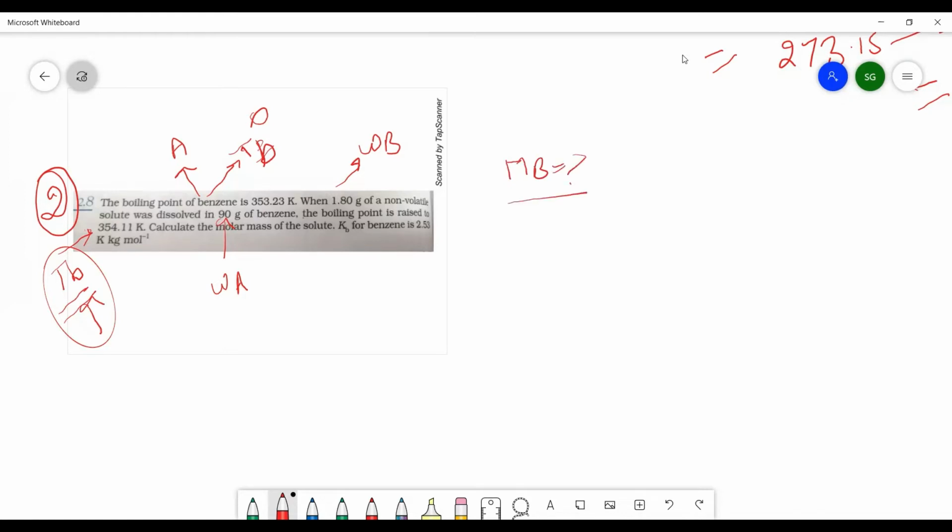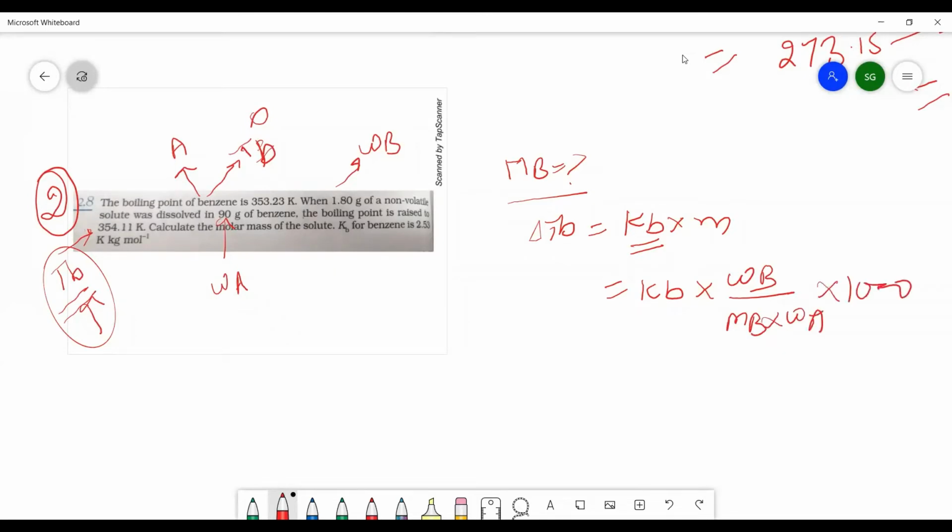So here you can easily understand that we have to use the formula delta TB equals Kb into m, and the Kb is given to you. Molality, if you open it, is WB upon MB into WA, multiplied by 1000. And the delta TB, how will you find out? Delta TB is the elevation in boiling point, so TB minus TB naught.